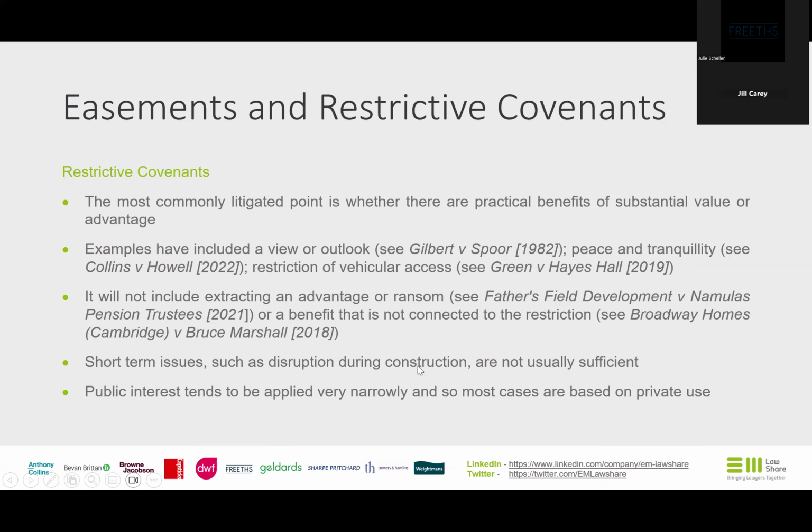It's not usually enough to disrupt a restrictive covenant if it's short term, for example, during construction, but it will depend on what you're doing, whether you're also blocking up things like rights of way, etc., as to whether people take action. The public interest is generally a very narrow application. So most cases that go to the tribunal go on the grounds of breaching a private use.